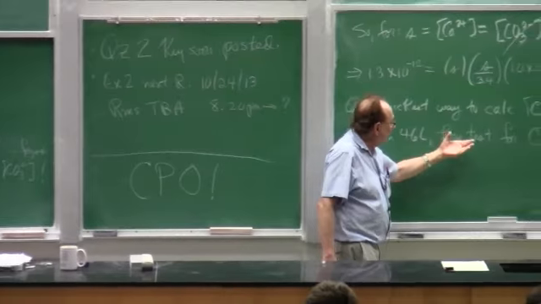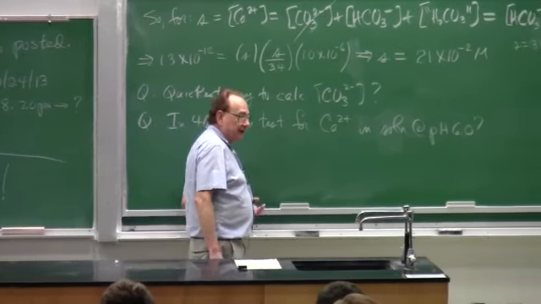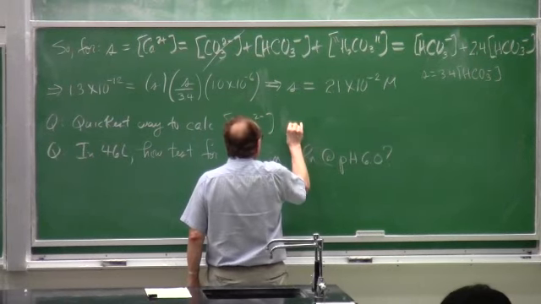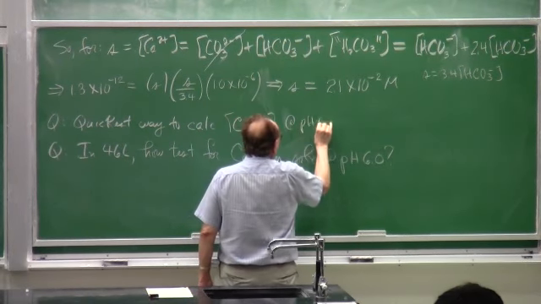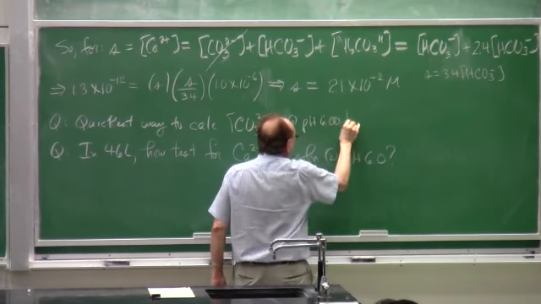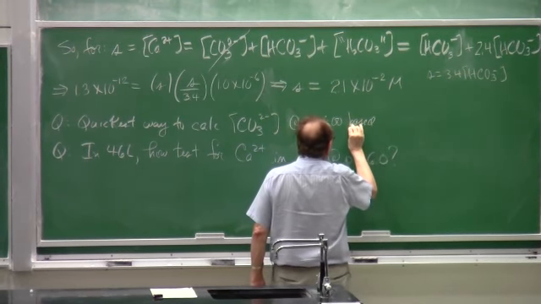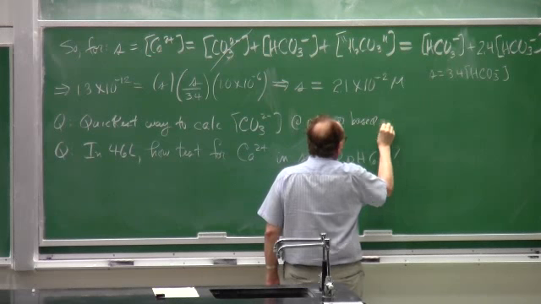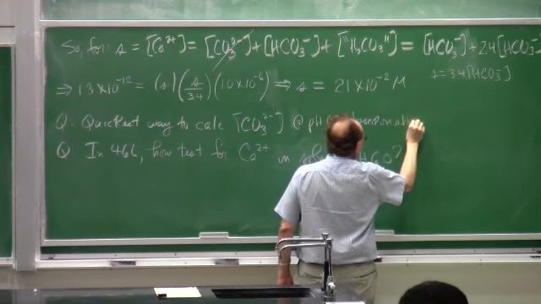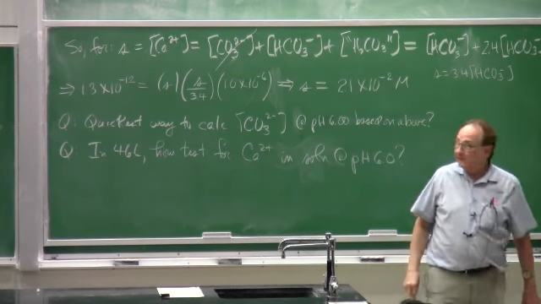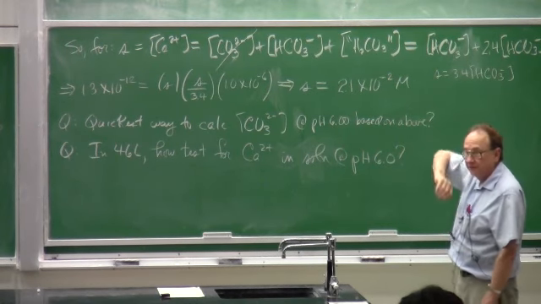What's the quickest way to calculate the carbonate ion molarity at pH 6? I'll extend this question to read based on above, that which we have just done.